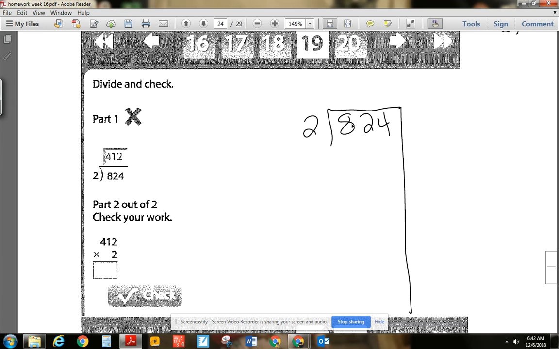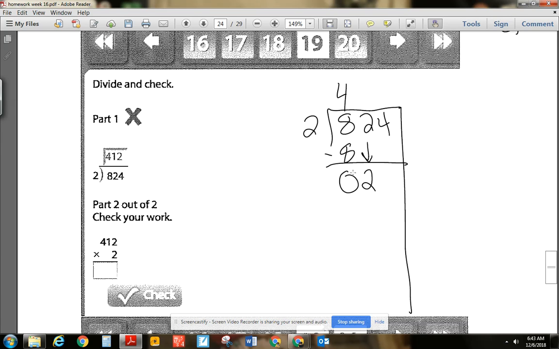How many 2's fit into 800? 4 2's. 2, 4, 6, 8. That's 4 times. So I subtract that 800. 0. Now, in my quotient here, I'm in the tens place, so I bring down the tens.